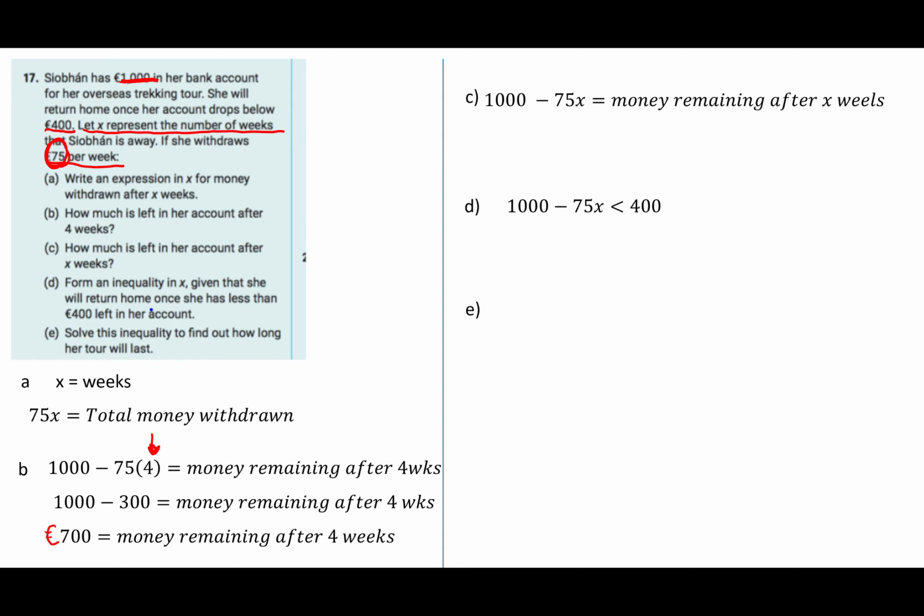So she'll return home when her money remaining is less than 400. Her money remaining is given by 1,000 minus 75X. Therefore, our inequality becomes 1,000 minus 75X is less than 400.